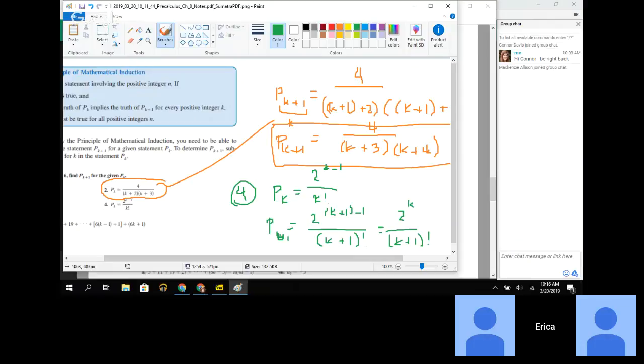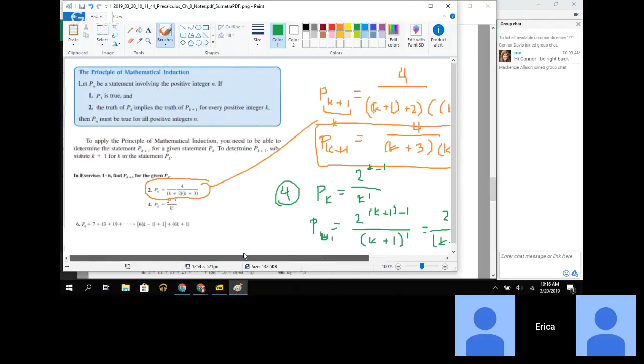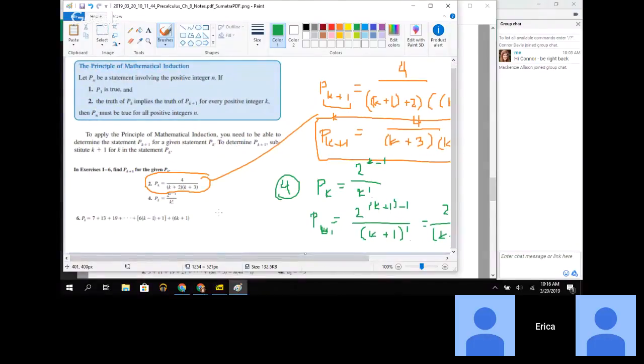Okay. And then number 6, they write it a little bit differently, but the idea is the same. So actually, I don't know if I have number 6 written down right.